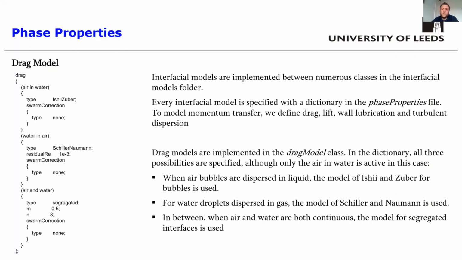All these interfacial models are implemented across numerous classes in the interfacial models folder, in the reactingEulerFoam main folder. And every interfacial model is specified as a class. So in this case, we have the drag model class, which handles the drag model.